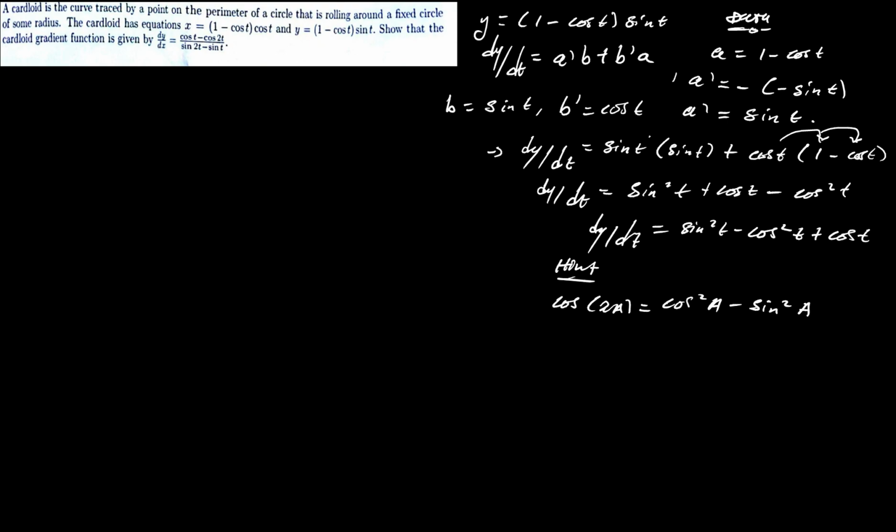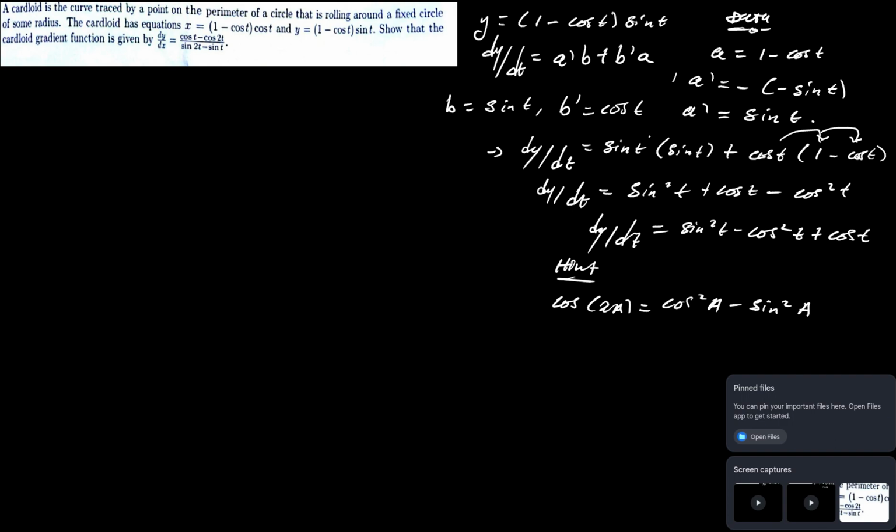Now we have sine squared t minus cos squared t, not really cos squared a minus sine squared a. So what we can do in the partial derivative is just to factorize and rearrange it in a manner that could make sense.